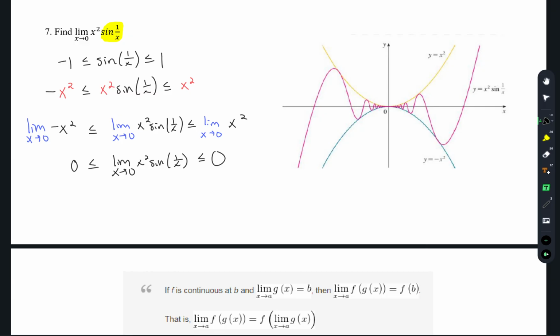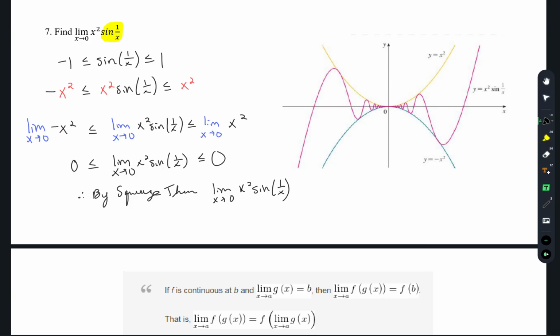They're legit the same. So it forces the middle one to be equal to 0 as well. So you would say, therefore, by squeeze theorem, the limit as x approaches 0 of x squared sine 1 over x is 0. And you guys are already trained to grid out all the writing, so that's good, hopefully.